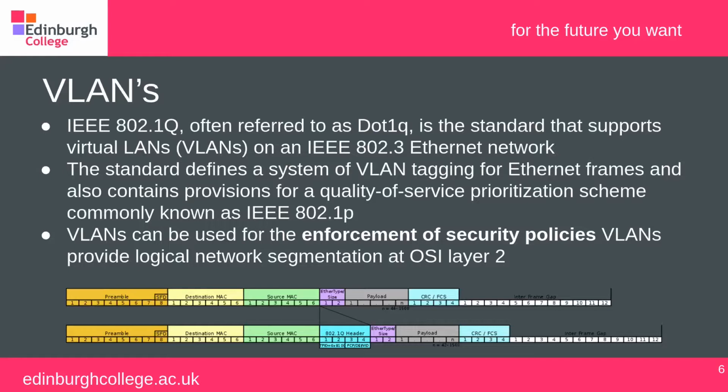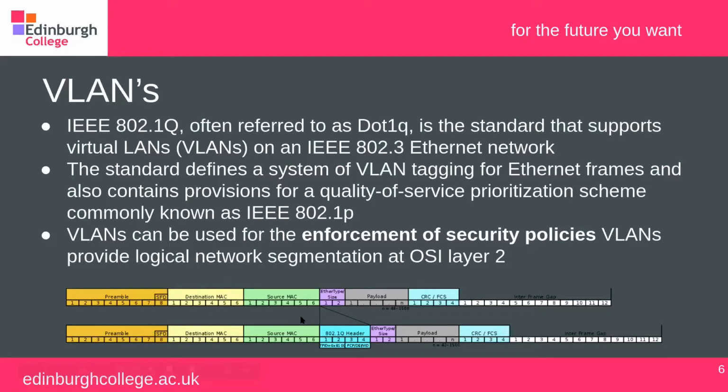On this top line, we have a normal Ethernet frame. This layer 2 frame has no VLAN information. A frame that uses VLANs has this blue section added to it.